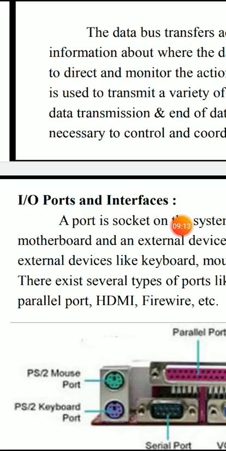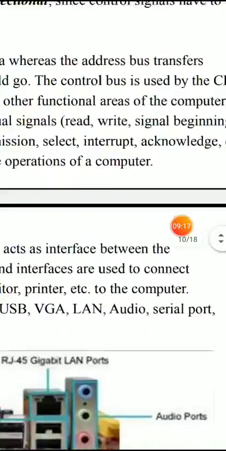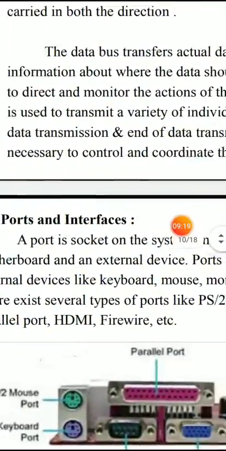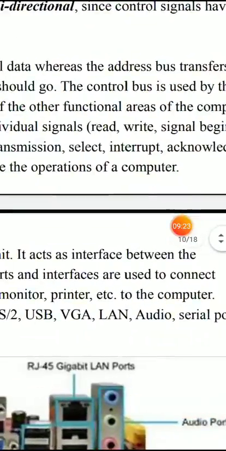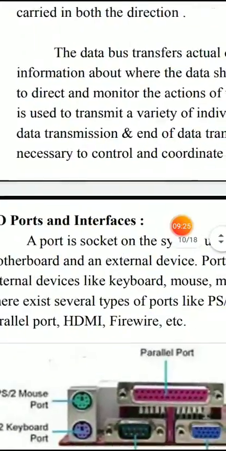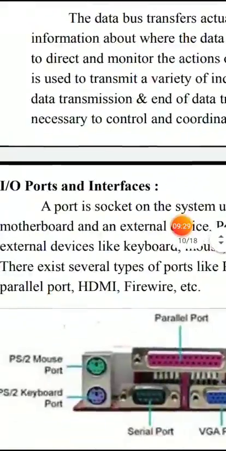As I told, ports are nothing but sockets on the system unit. They act as an interface between the user, the motherboard and external devices. Ports and interfaces are used to connect external devices like keyboard, mouse, monitor, printer, etc. to the computer system.